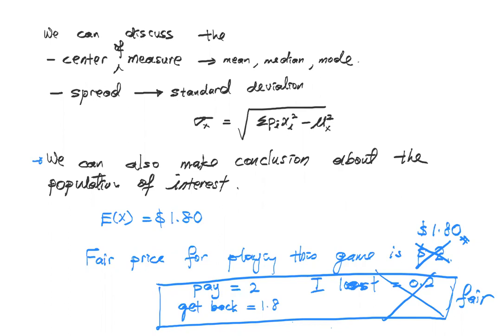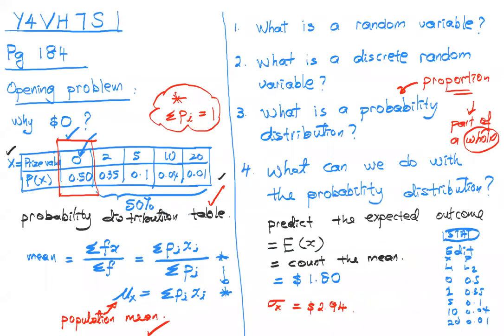So that is how we are going to teach statistics. You have to understand every term: why you calculate that, why you do that, what is the purpose of doing that. So these four questions are the start of why we learn statistics.